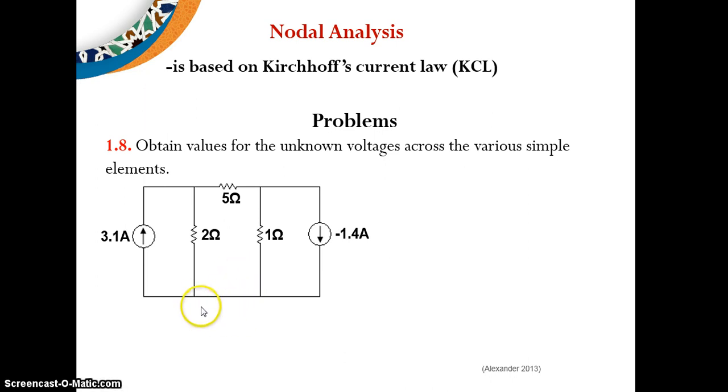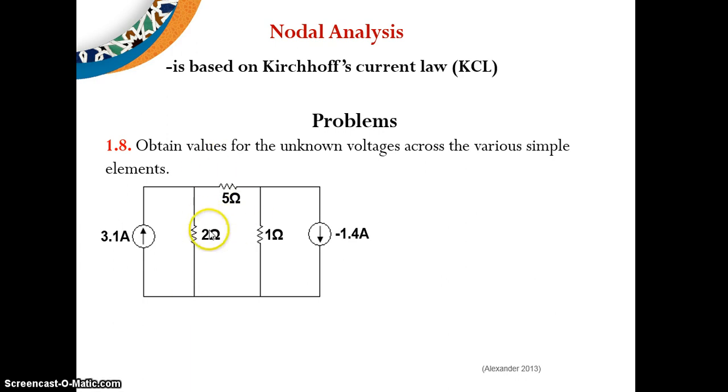For doing this problem, first you have to identify the number of nodes. If there are n nodes, you will have n minus 1 unknown voltages, and you can write n minus 1 equations for calculating those unknown voltages.